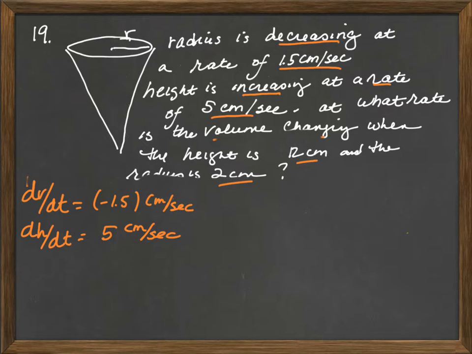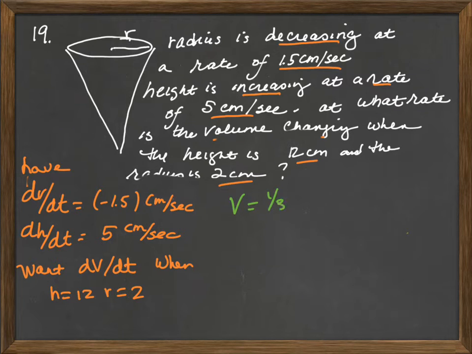And it wants the rate at which the volume is changing. So this is what we have, and here's what we want: dV/dt, when h equals 12 and r equals 2. We're going to use our formula: volume equals 1/3 pi r squared h.